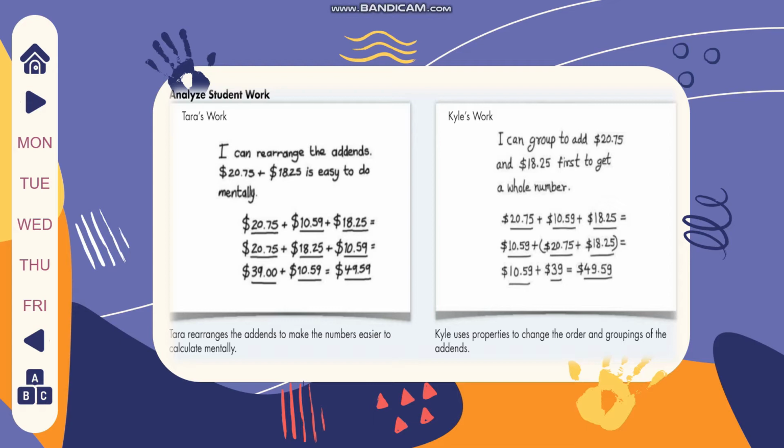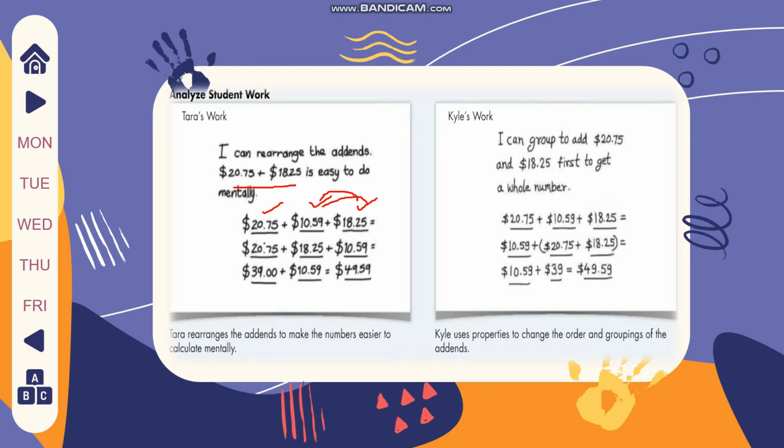For Tara's work, Tara rearranged the addends because it's easy for her to do mentally. The correct order is 20.75 plus 10.59 plus 18.25, but she rearranged the two addends 18.25 and 10.59.